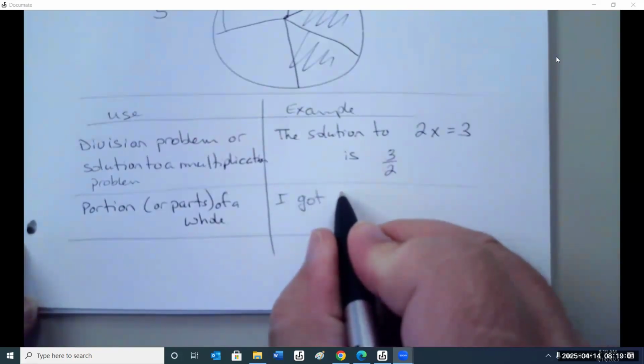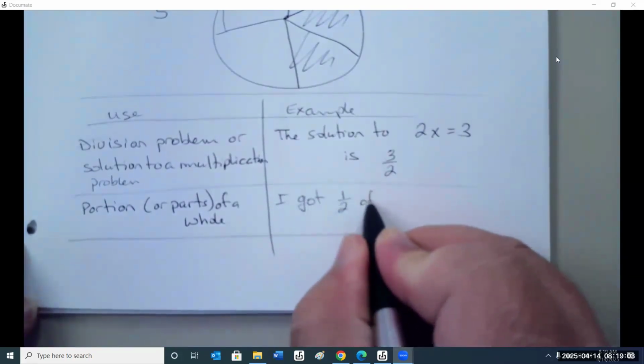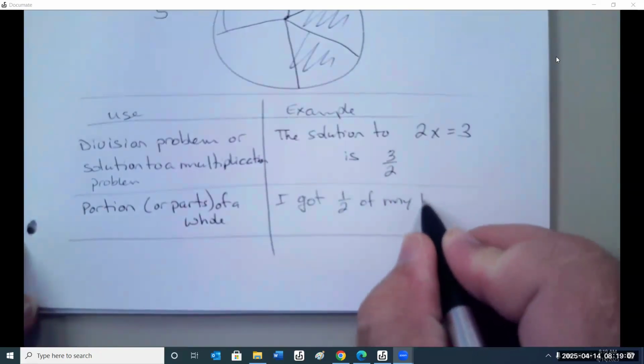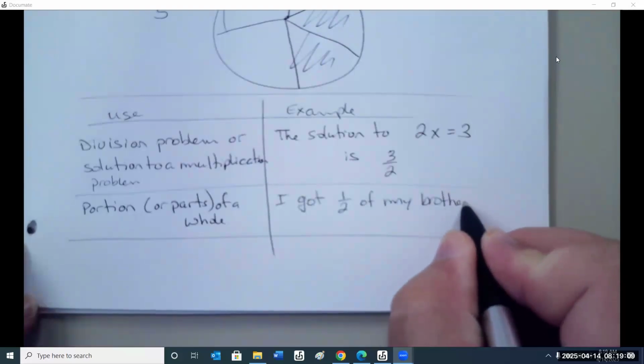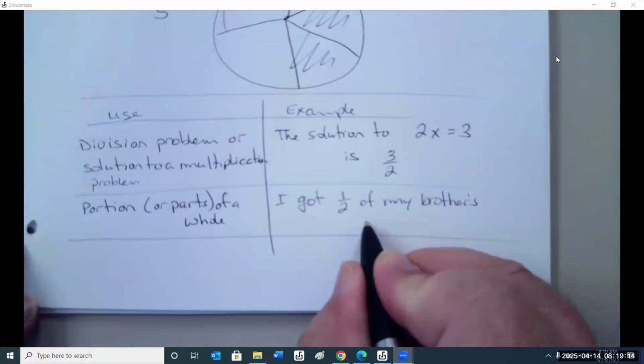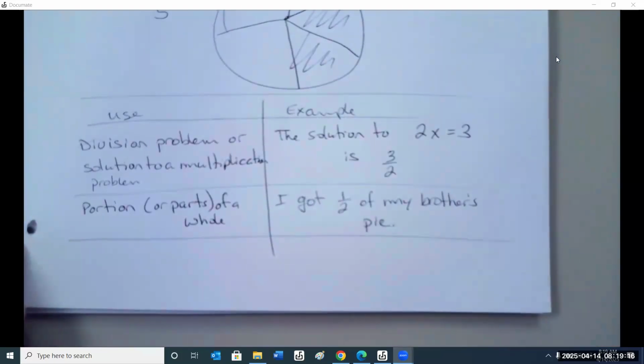I got 1/2 of my brother's pie. So we're taking part of it out of the whole.